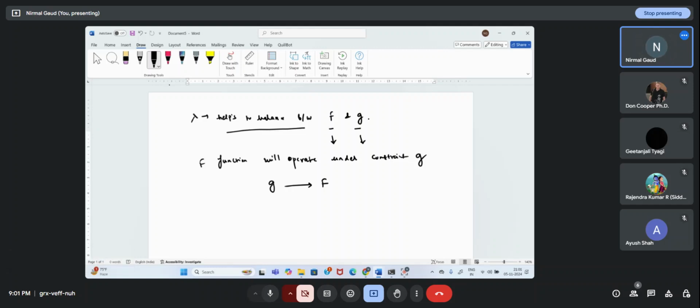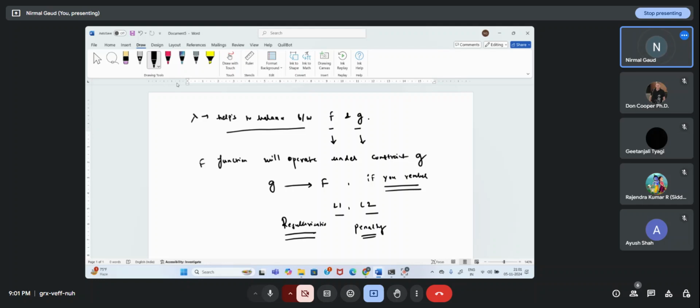So, if you remember one thing we did in linear regression, L1, L2, regularization techniques, that is penalty.